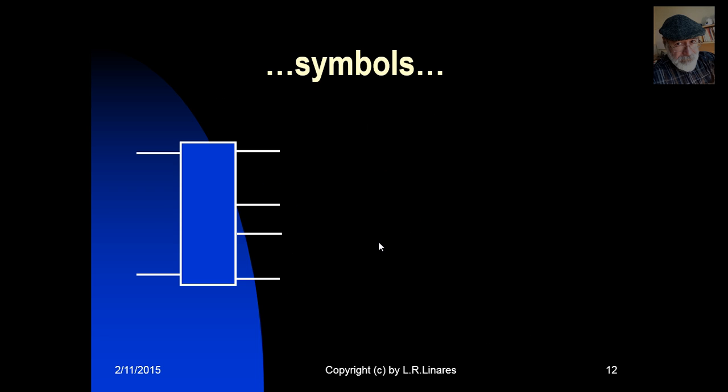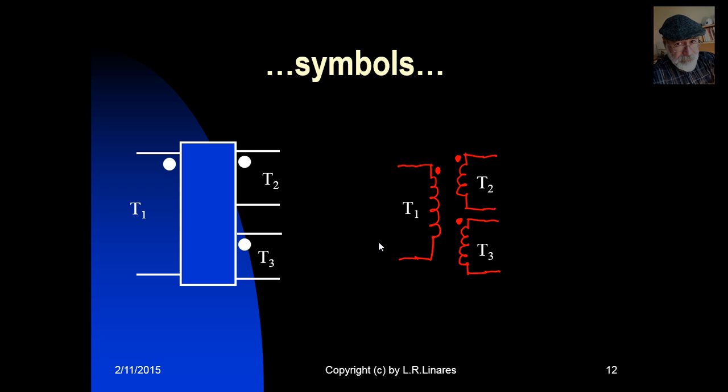Let's use the dot symbols, all right? We have the classic symbol for a 3-winding transformer, primary, secondary, and tertiary, with the dots. And we have the new symbol, the one that we use very often, primary, secondary, and tertiary with the dots.